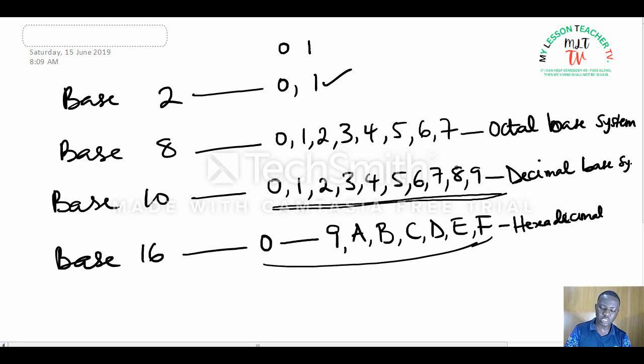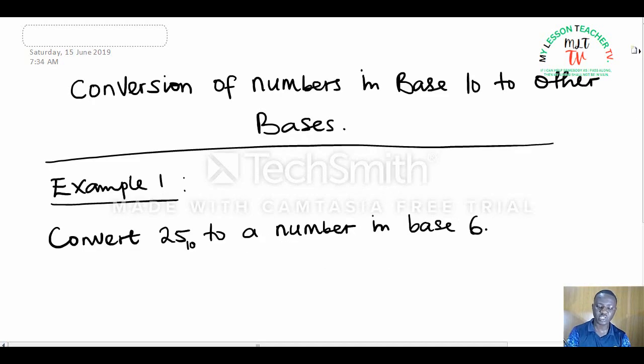So that will lead us into conversion from base 10 to other base systems. We need to know how this conversion is done. So let's look at conversion of numbers in base 10 to other bases.